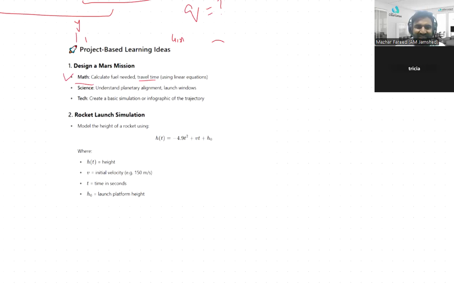Second, technology is used to understand planetary alignment: how a planet is positioned relative to other planets, what the distance is from one planet to another, and how they are oriented in space. You can use launch windows and different criteria to find their alignment. Third, technology is used to create a basic simulation or infographic of the trajectory.